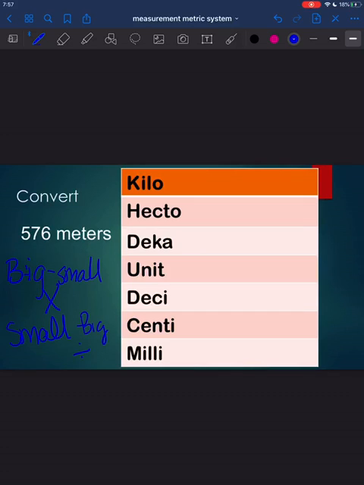We're going to look at converting the measurement 576 meters into all types of measurement. Because it's just a meter, it goes here in units: 576. Going from big units to small, I multiply.